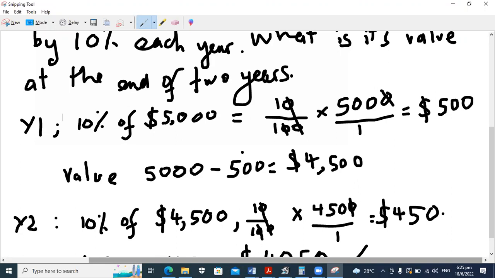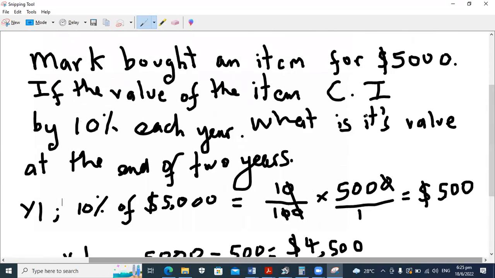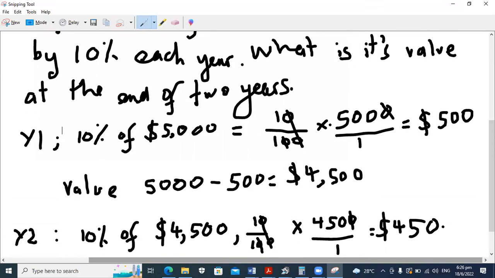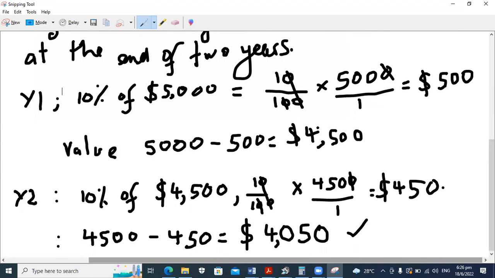Do you want me to work it out, or you're good? Yeah, we're good. So basically, anywhere it's a minus, you put a plus. All right.